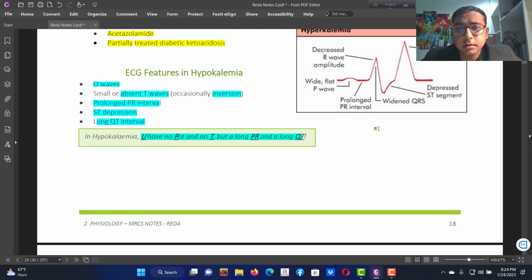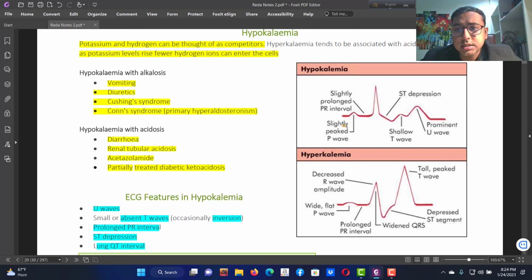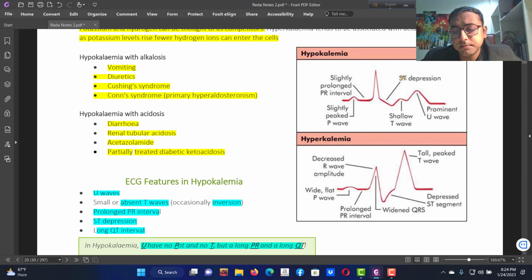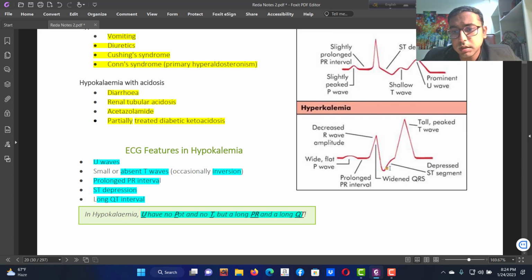Very important, hypokalemia. You just see the ECG: PR interval is prolonged, ST depression, prominent U wave, an extra wave, and a shallow T wave. Another pattern is PR interval, wide QRS and tall T.